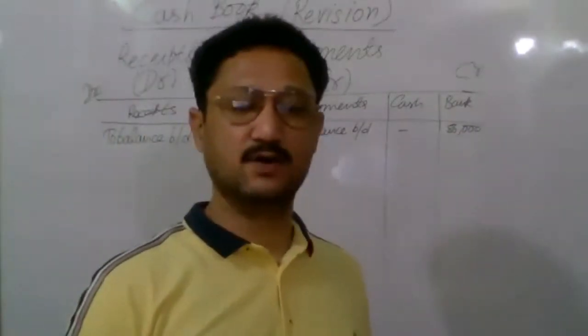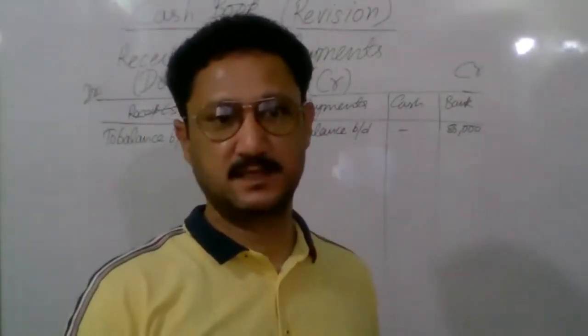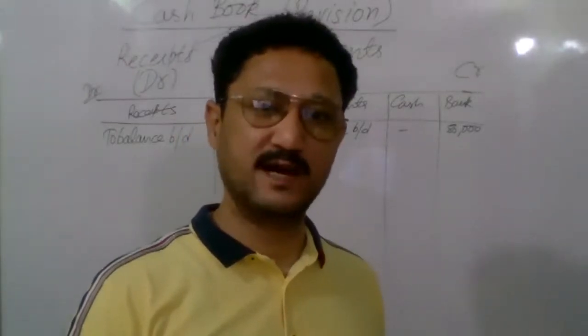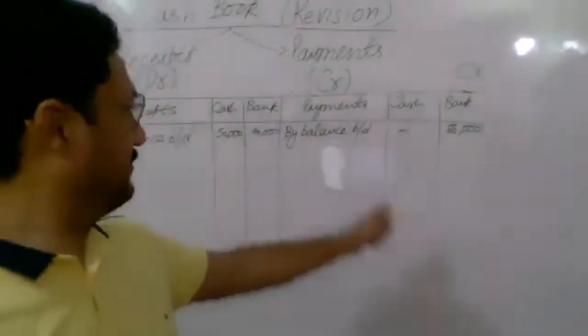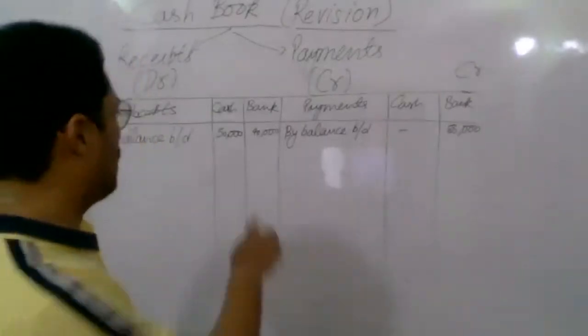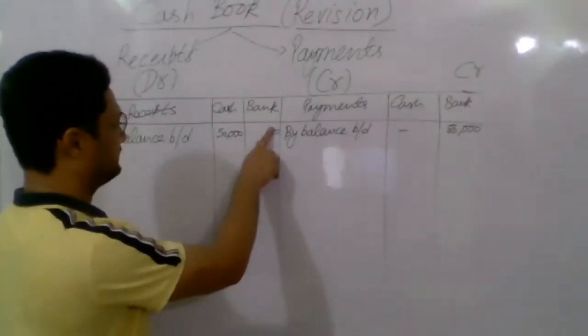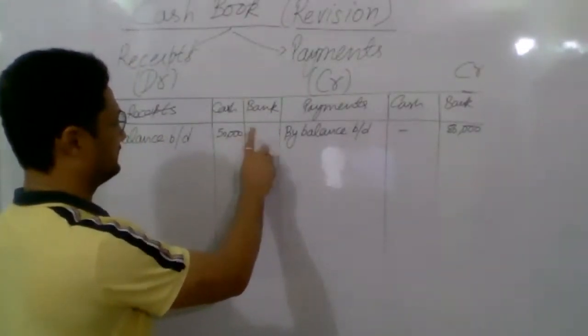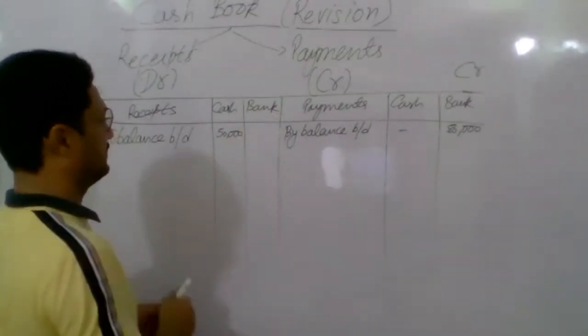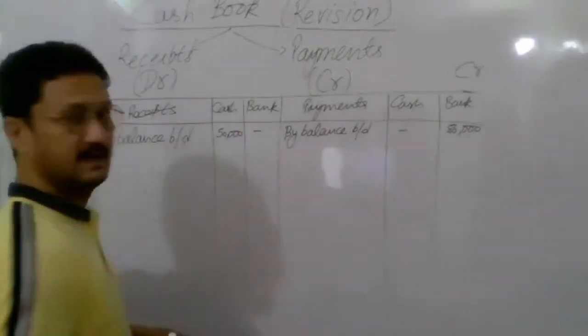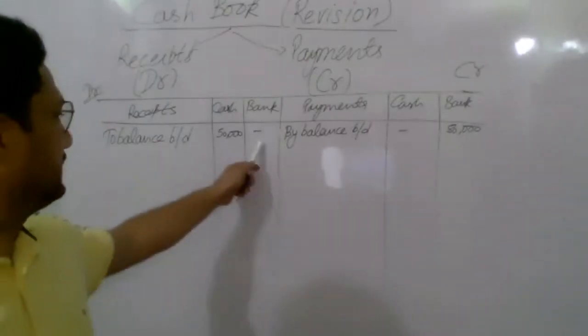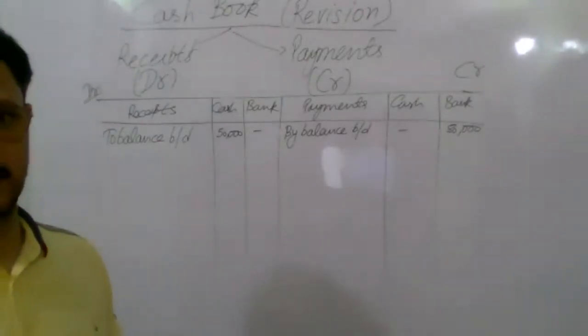We have 80,000 credit balance or 80,000 overdraft balance. Then we will write it on the credit side, not on the debit side. On the debit side we will write nothing.